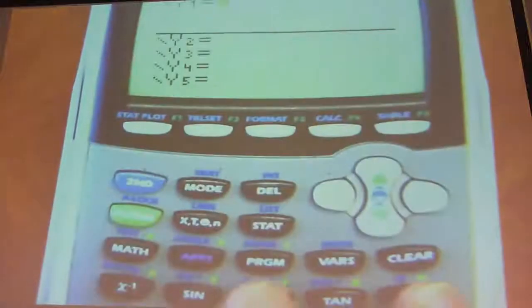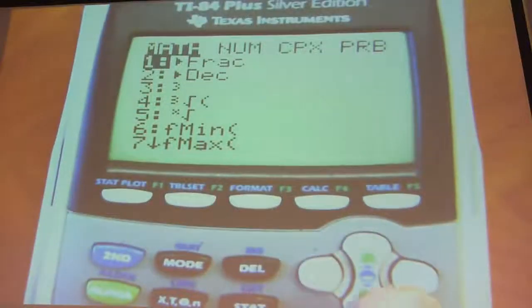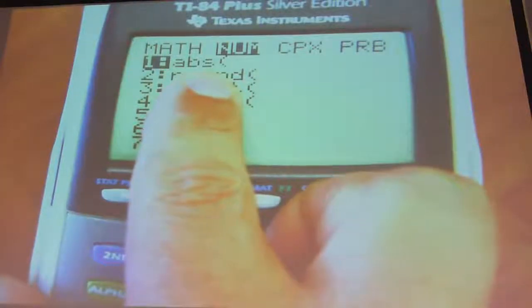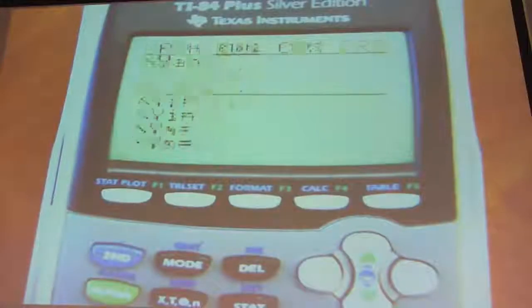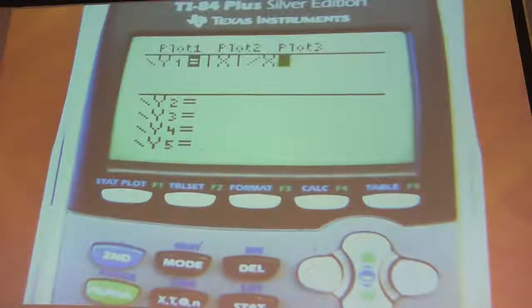So to do that, we're going to hit math on the left side. Go to the right for number, and see where it says abs. That's absolute value. So choose number 1. The absolute value of x, hit right to get out of it, divided by x. So in y1, we're going to do the absolute value of x divided by x.